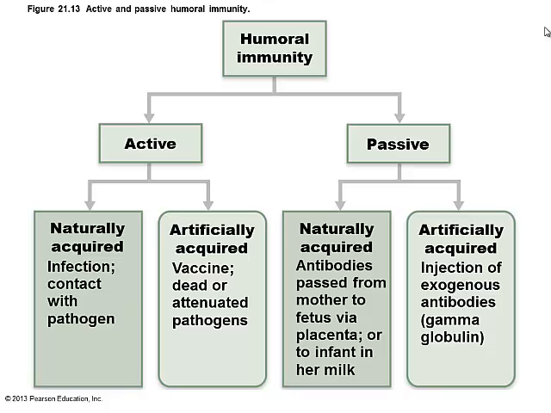One of the most famous artificially acquired passive immunities is something called gamma globulin. Another one you might be familiar with, and we talked about this when we talked about blood typing, was the RhoGAM shot. Remember we talked about anti-D antibodies and how my body won't make them unless what?